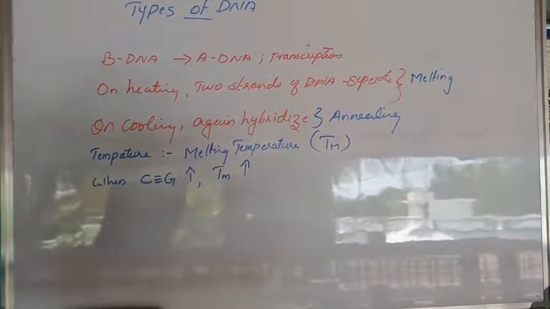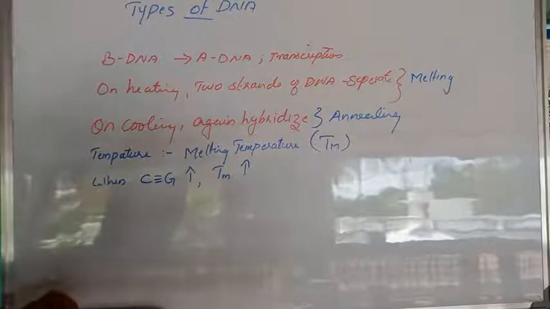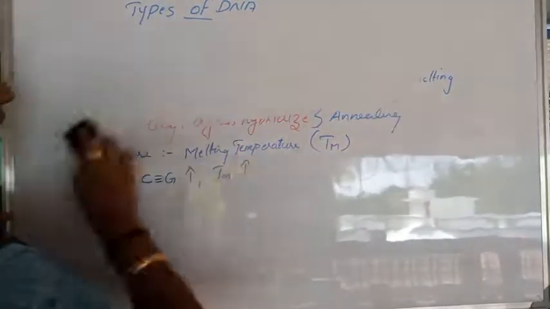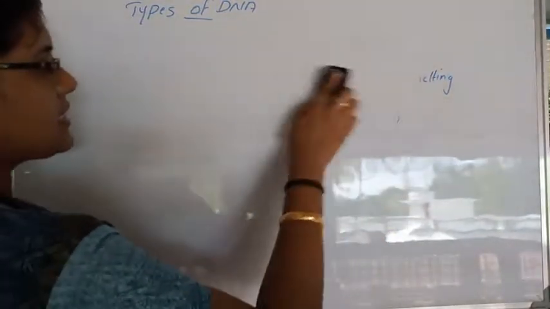The part of genome in which repetitive sequences are arranged end to end as a long tandem array. There are different other types of DNA. First one is satellite DNA.